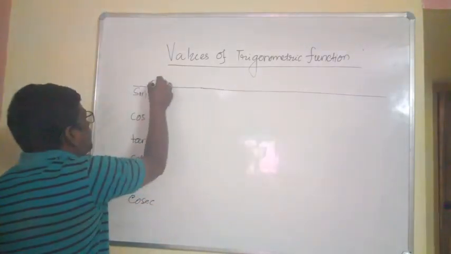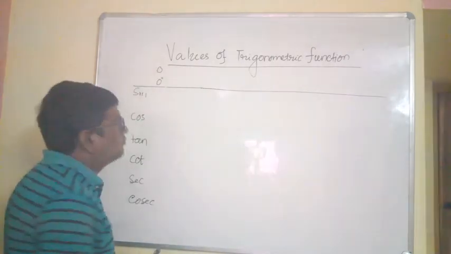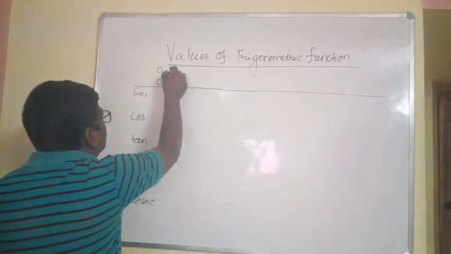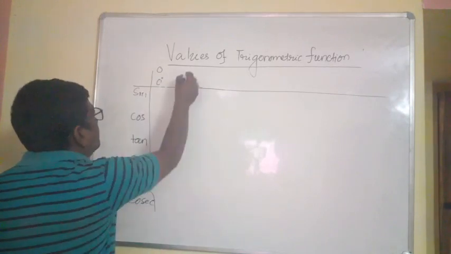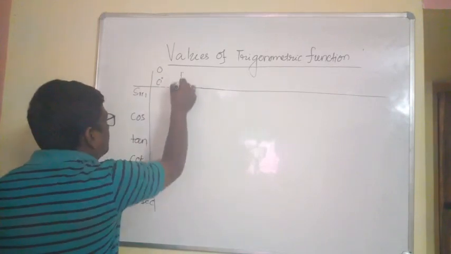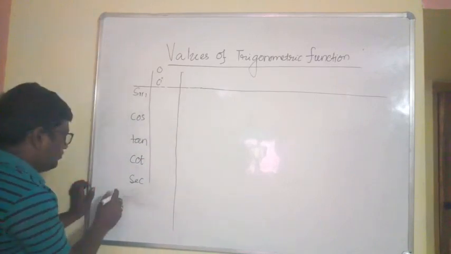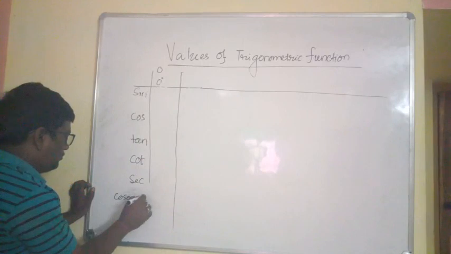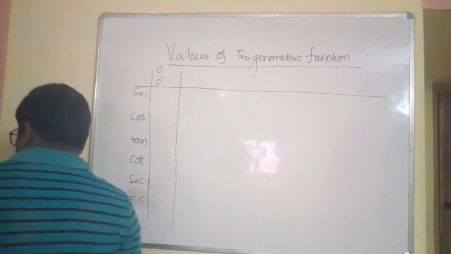This is 0 degree or 0 radian. This is cosec.